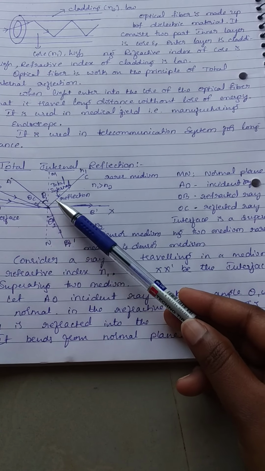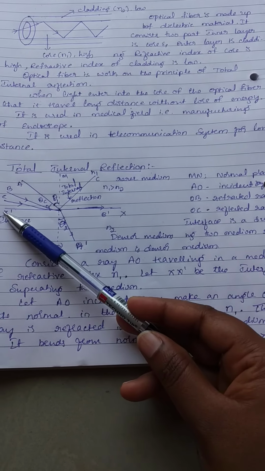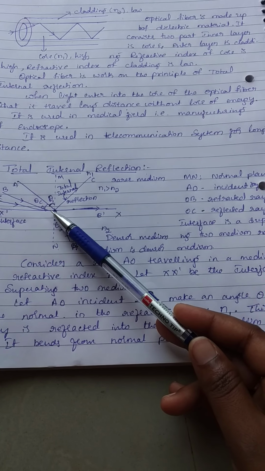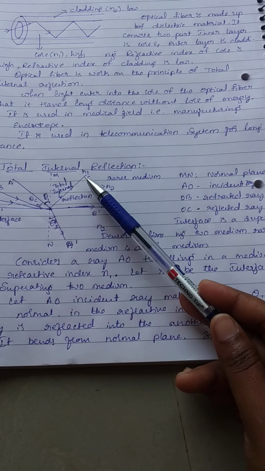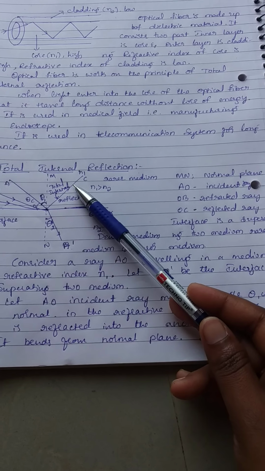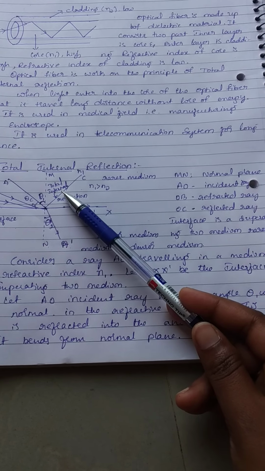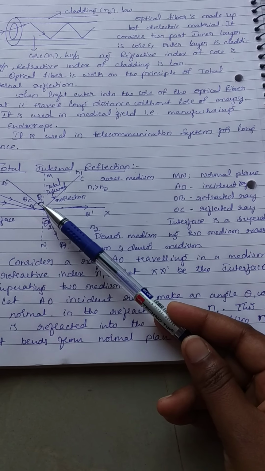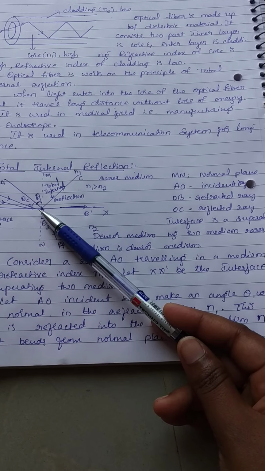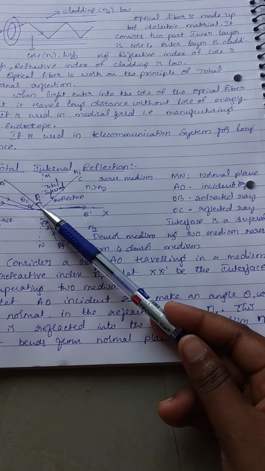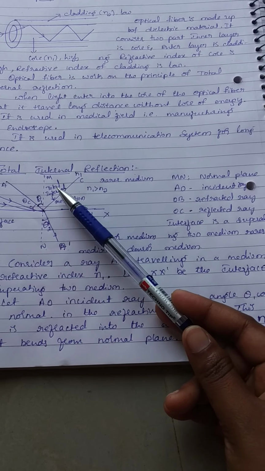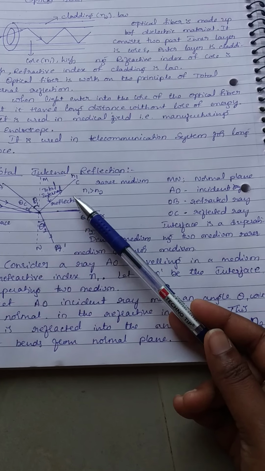This ray is called the reflected ray. When light is incident on the interface and travels back, that means it reflects and comes back into the same medium, that is called total internal reflection.